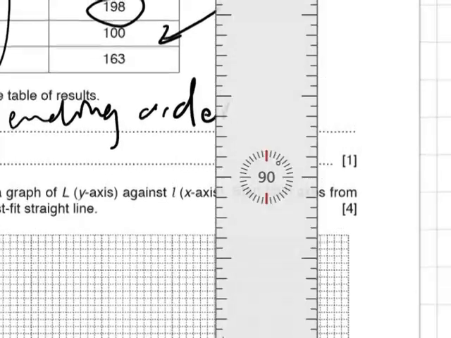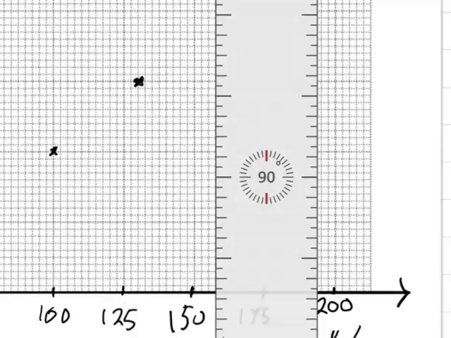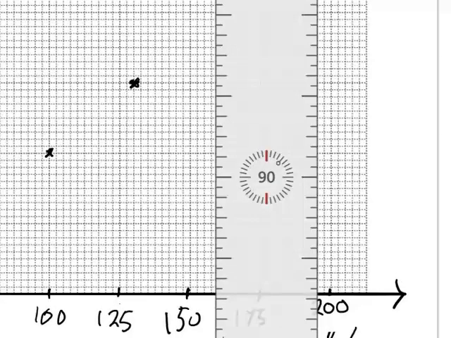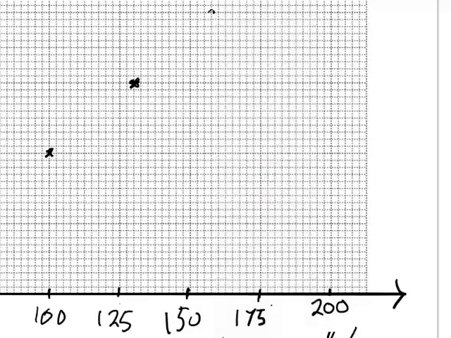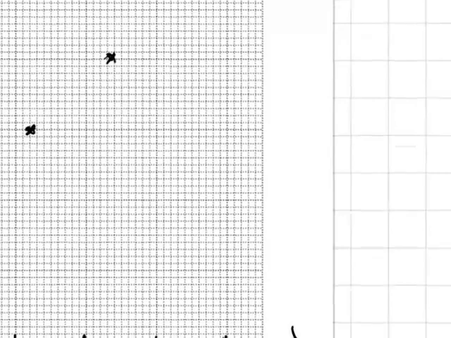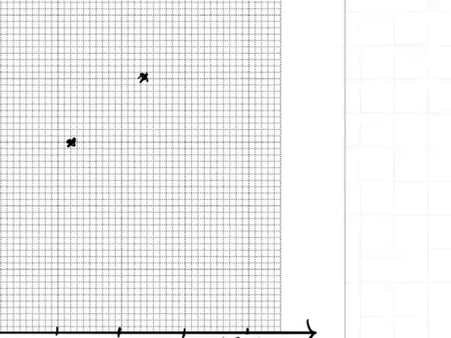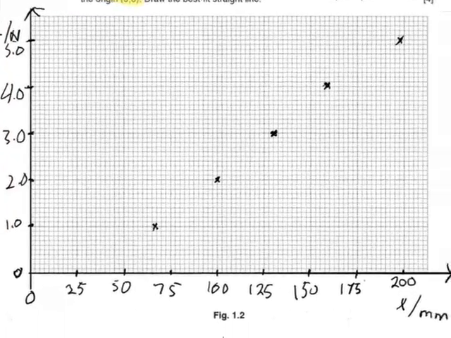Okay, 162.5 should be somewhere here. And the last one will be 5, 198. Okay, so 200, 2.5, yeah, should be somewhere here. Okay, oh, that's kind of annoying.